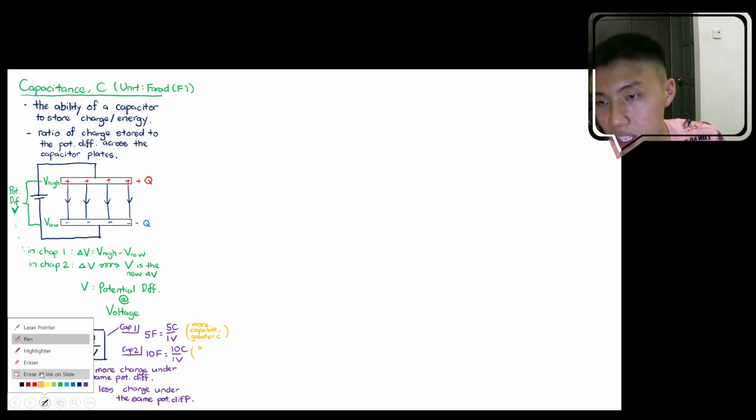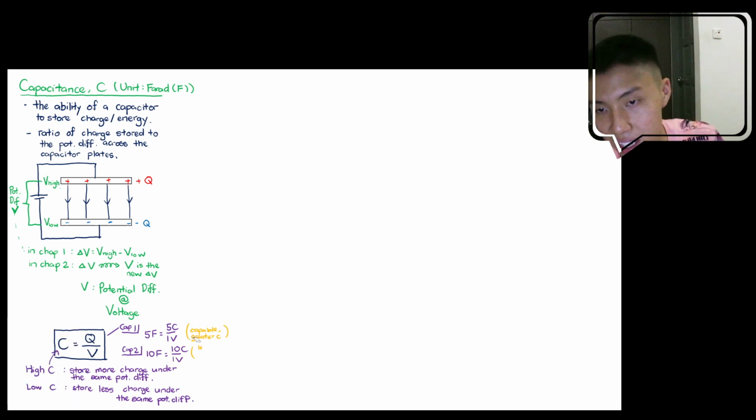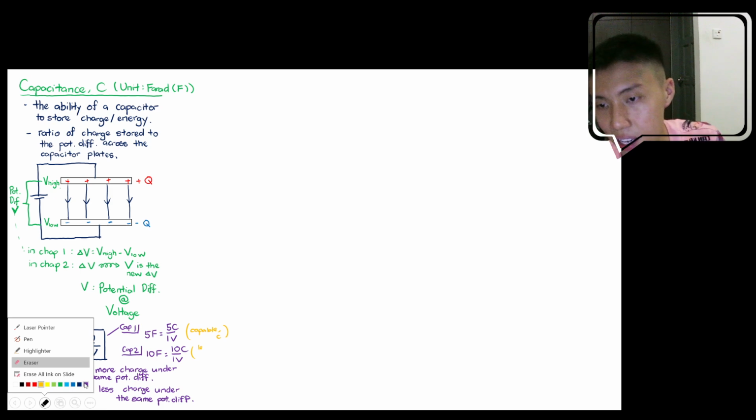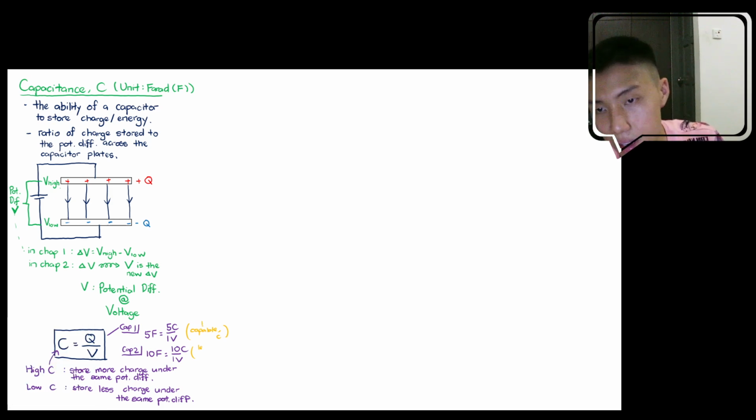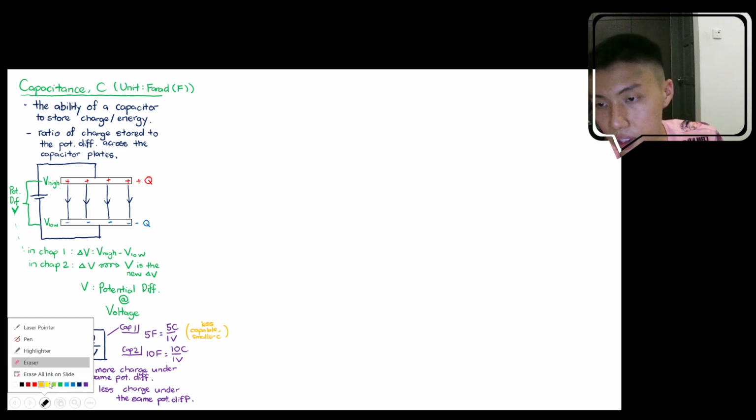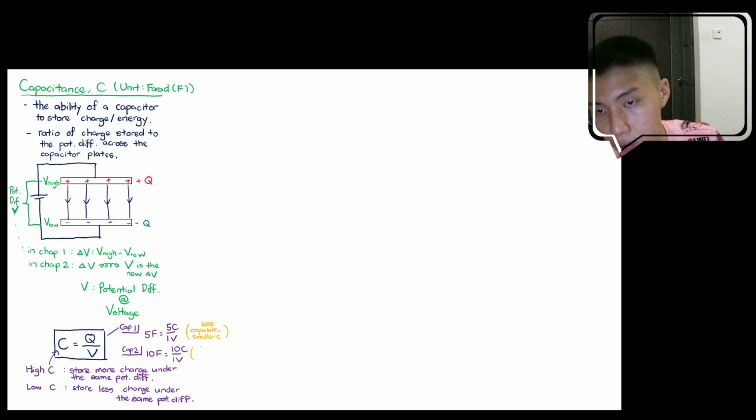Sorry, capacitor 1 is less capable, so it has a smaller value of C. Capacitor 2 is 10 farad, which is definitely more capable. Because it's more capable, it can store more charge. Therefore, it has a greater value of capacitance.